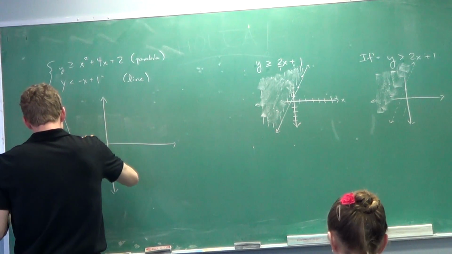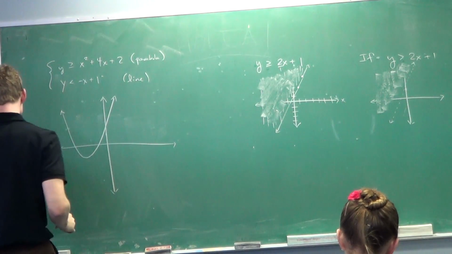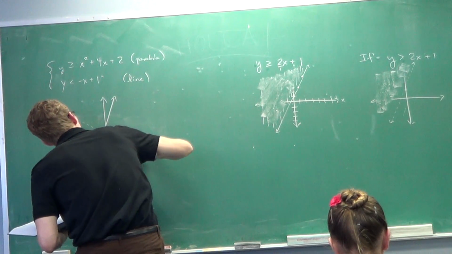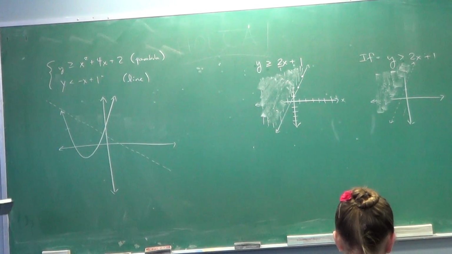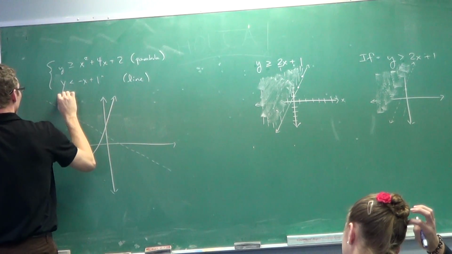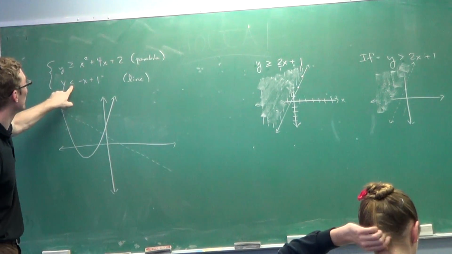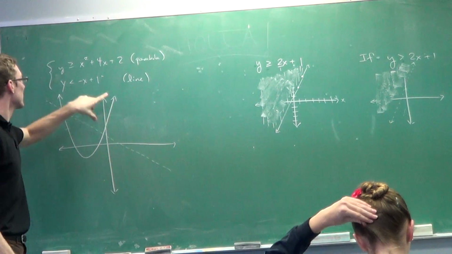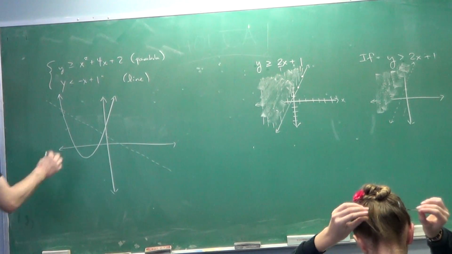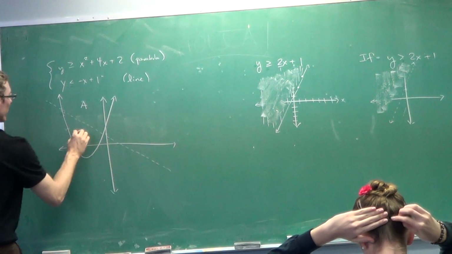Here's the parabola, hard shaded. Here's the line, dashed. Make sure my parabola extends all the way up here. So they're already doing work for you, right? Because they're dashing the one that is not equal, and they're making solid the one that is equal, and what you will see is letters in different regions of the graph.